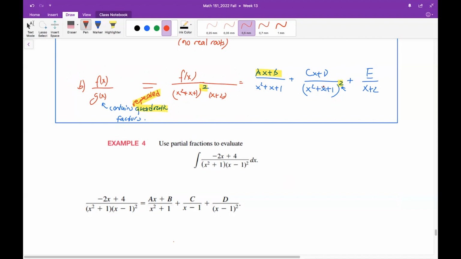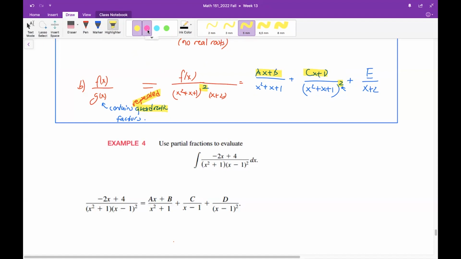You keep writing it over and over again till you reach the exact power given in the original denominator. That's why you write it one more time. So you reach the exact power, which is 2, then you stop. And you also need to write ax plus b and cx plus d in the numerators. This is the rule for what you should write in the numerator for quadratic factors. You still need to obey that rule, okay?